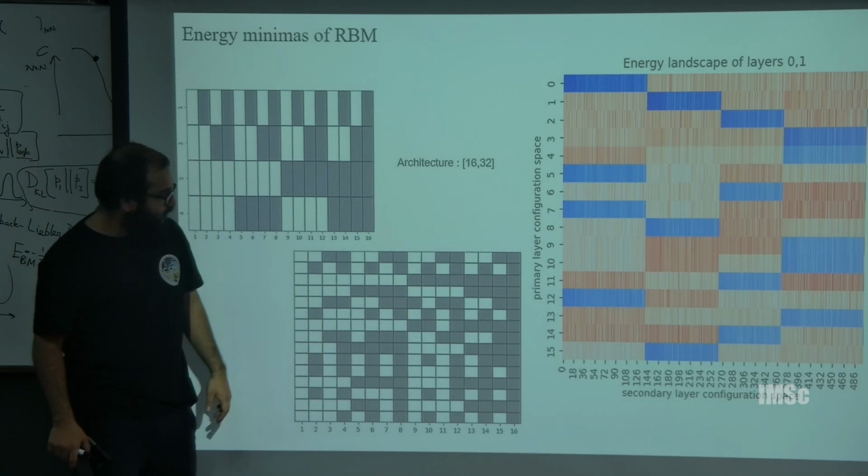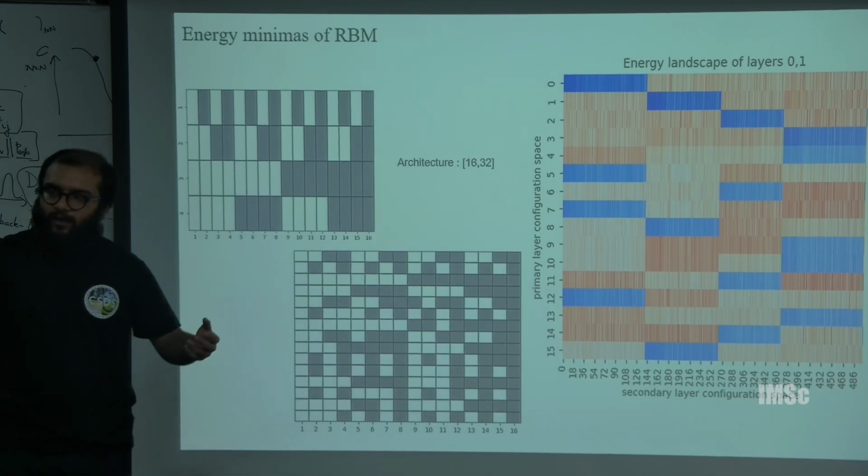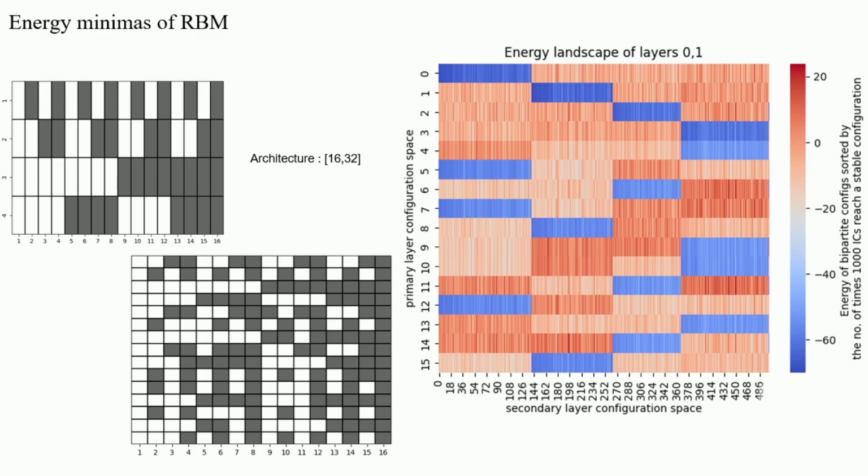So in essence, you start from any random initial configuration, and it will go down to any of these 4 states. This is essentially the same thing: I trickle down the energy landscape after learning the weights, and these 4 are the energy values of these 4, and they occur first.